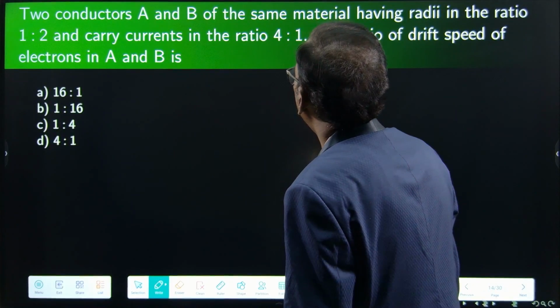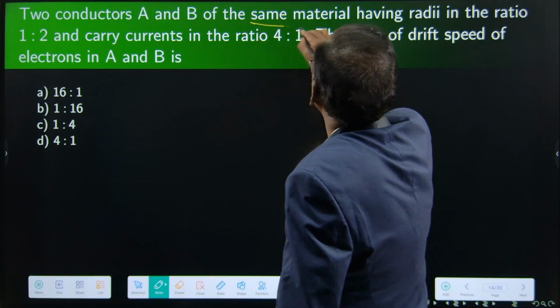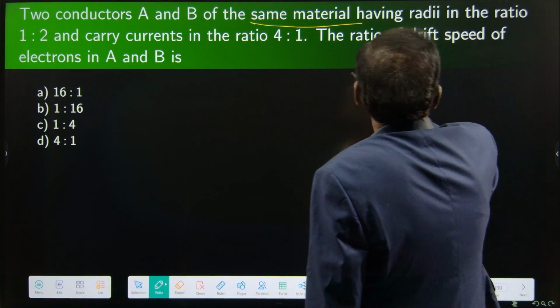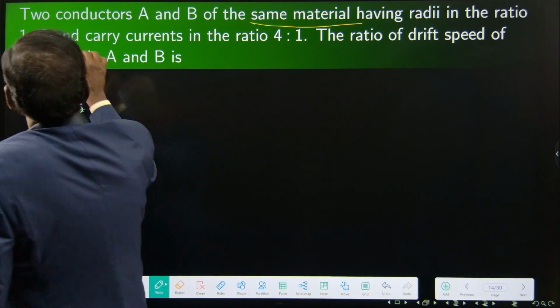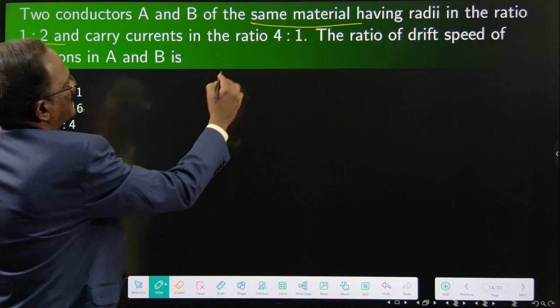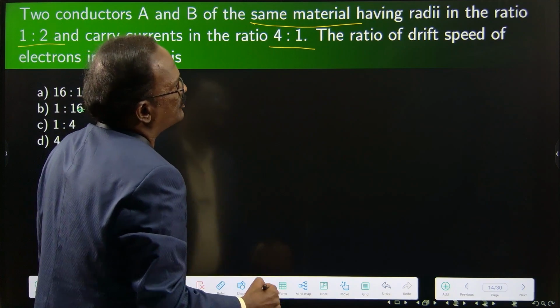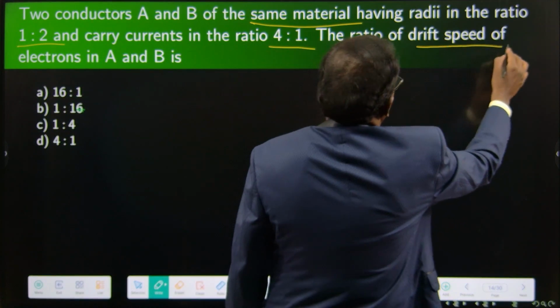Two conductors A and B of the same material having radii in the ratio 1:2 and carry currents in the ratio 4:1. The ratio of drift speed Vd.